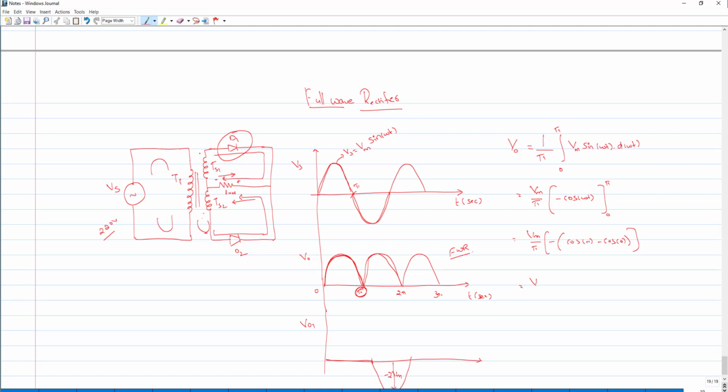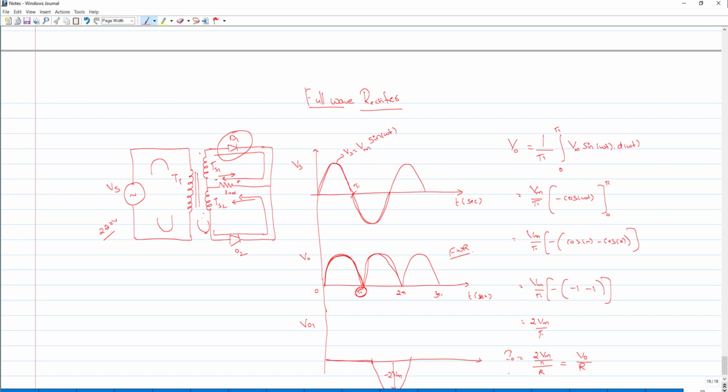This will become Vm by pi, minus cos pi is minus 1, cos 0 is 1. So minus 1 minus 1 is minus 2, minus 2 into minus is plus 2. This will become 2 Vm by pi. Now the average value of the current is as simple as that. I naught is equal to 2 Vm by pi divided by R, that is V naught by R.